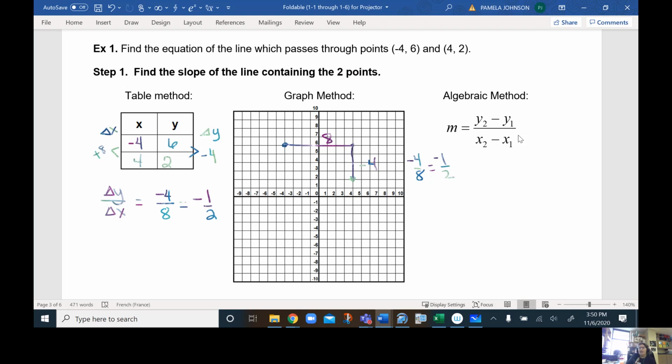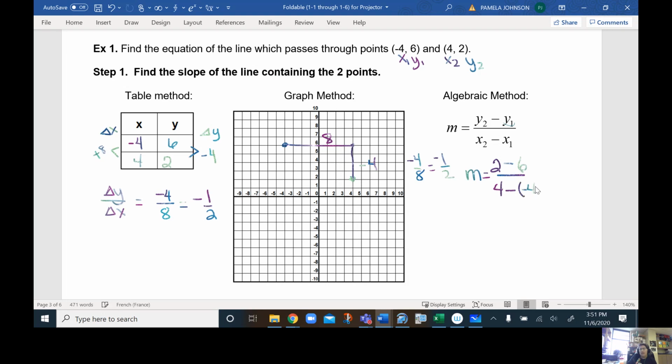And then the third method is that we're going to put this into our algebraic method. We're going to put it into the slope formula. And I'm going to label my points as x1, y1, and x2, y2. That way it makes it easier for us to remember where they go in the formula. So slope equals y2 is 2 minus y1 is 6 over x2 is 4 minus x1 is negative 4.